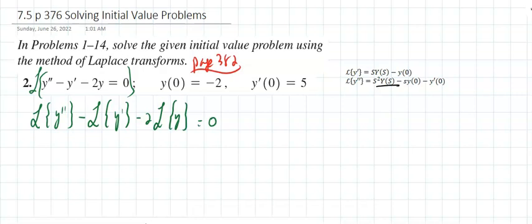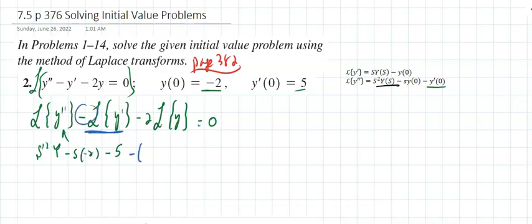The Laplace applied, that's s squared times y minus s times y of 0. In this case, y of 0 is -2 minus y prime of 5. That's this piece. This piece has a minus in front of it.